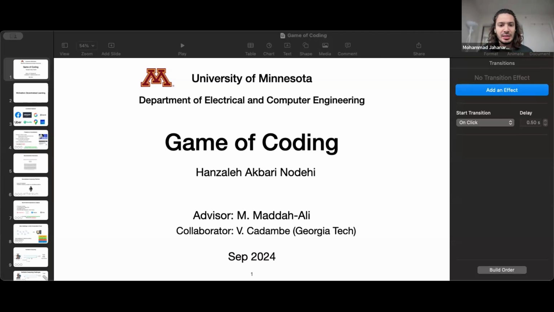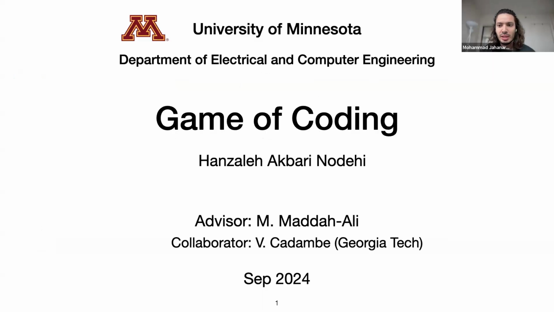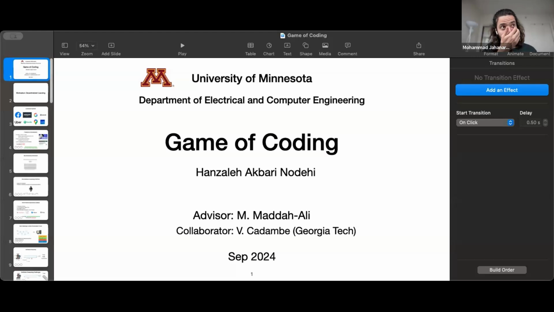Today we have Hanzaleh. I've known Hanzaleh for a very long time, basically since I started working on blockchain stuff. He's a great researcher. Most of his work has been about coded computing, which is a field of study that focuses on this idea that we have, for instance, coding or things like erasure coding for storing the stuff.